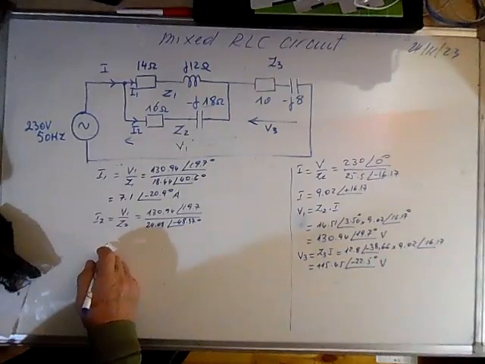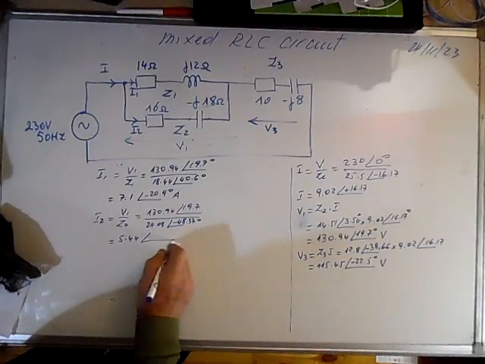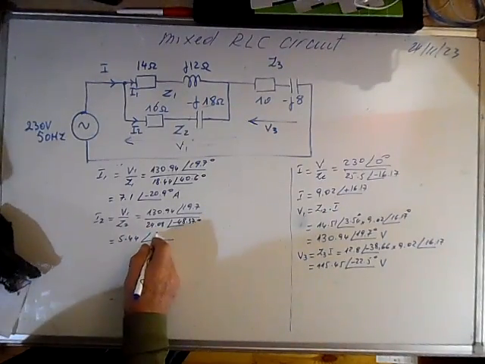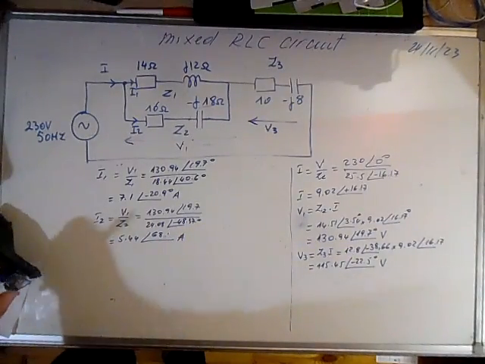Here now we can say that I2 is equal to 5.44, the argument, this plus this, 68.1, in amps. So we calculated all the currents.